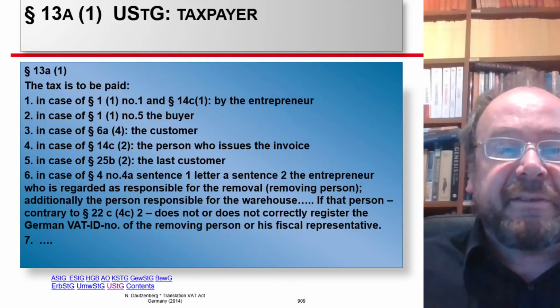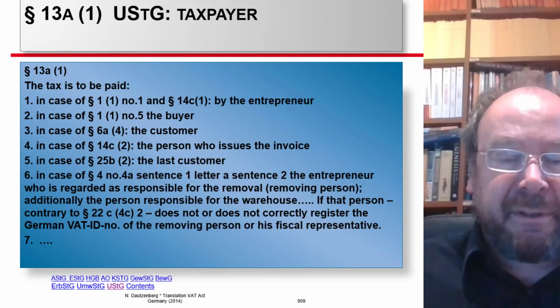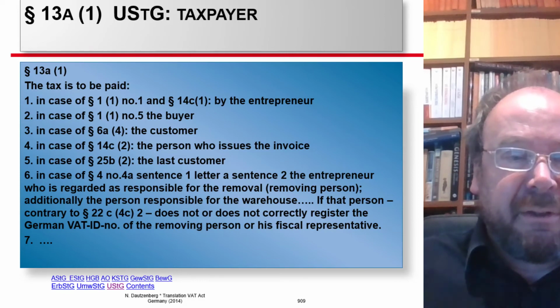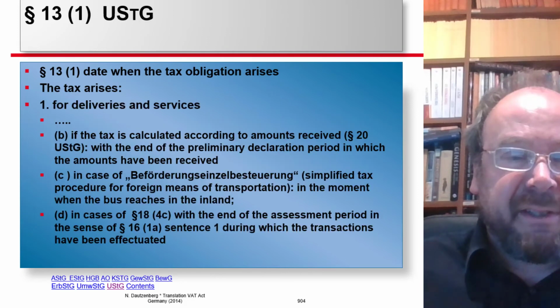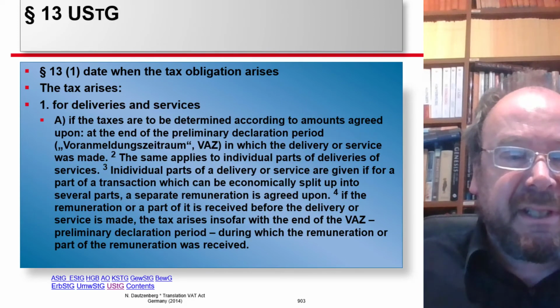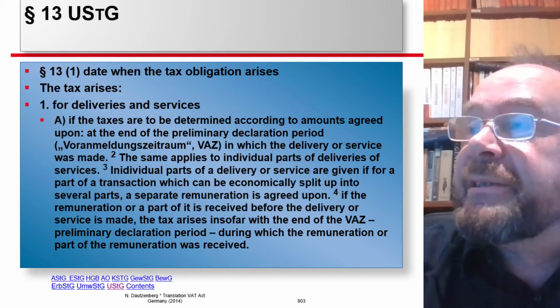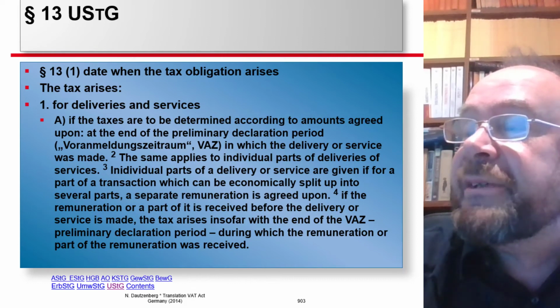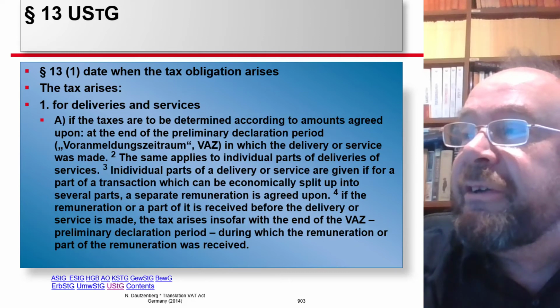So 13a, the taxpayer. Indeed, the rule was, in case of paragraph 1.1, number 1, the entrepreneur is the taxpayer. And then we need to go to paragraph 13, when the tax arises, and the tax arises for deliveries and services if the taxes are to be determined according to amounts agreed upon, so before they are paid, but when the transaction is made, at the end of the preliminary declaration period in which the delivery of service is made.